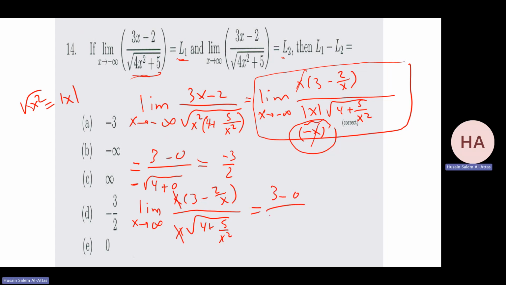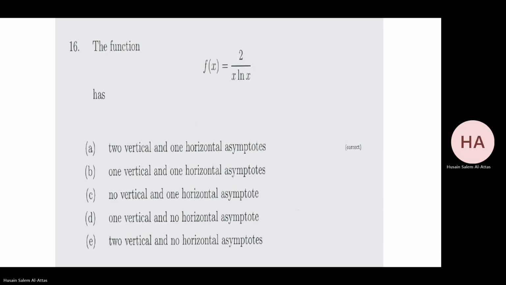You have 3 minus 0 over the square root of 4 plus 0. So that will be 3 over 2. So this is L2 and this is L1. So I have minus 3 over 2 minus 3 over 2, which is minus 3. So this will be the answer.